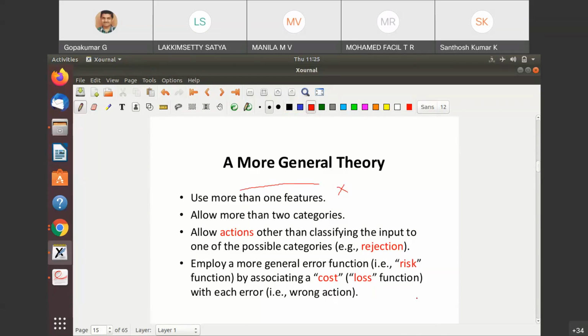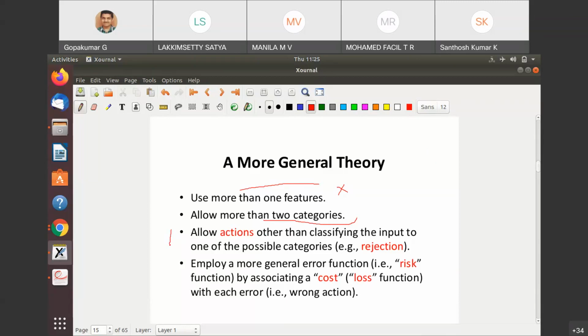Then we can have more than two categories. So far we have seen, for example, W1 and W2, but that can always be expanded to a multi-class problem: W1, W2, W3, whatever the case. Another way in which we can generalize the discussion is to allow some actions.